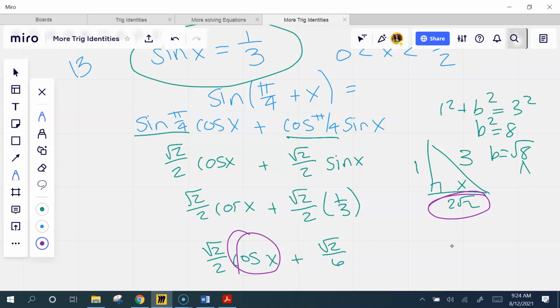It told me that sine of x was 1 over 3, so from the angle in the triangle, it's opposite over hypotenuse. So the opposite is 1 and the hypotenuse is 3. And then I use the Pythagorean theorem to find my last side. Isn't that cool?